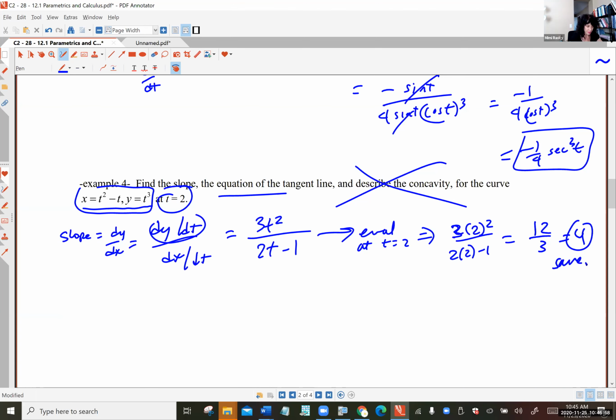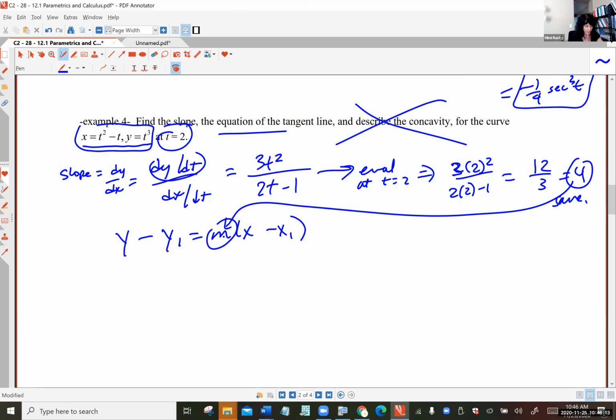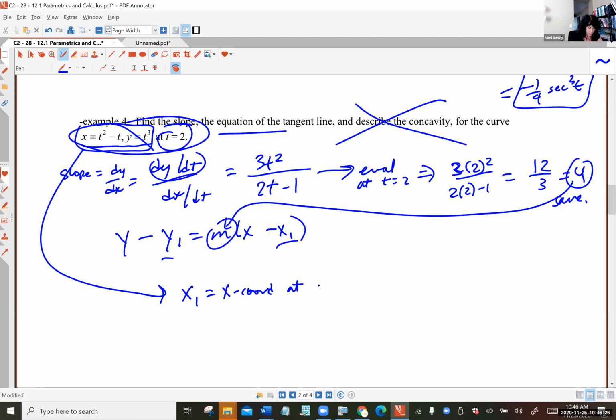Now what? So when you do the equation of a line, I'm just going to do some basic algebra here. It looks like this. You guys seen this point-slope form? One of my personal favorites. So the 4 is going to be the slope. Good. But then what's x1 and y1? Give me a point on the line. Well, they gave you parametric equations and they told you t equals 2. So the x1 is just the x coordinate at t equals 2. And so you'll just plug 2 into your parametric equation for x, t squared minus t.